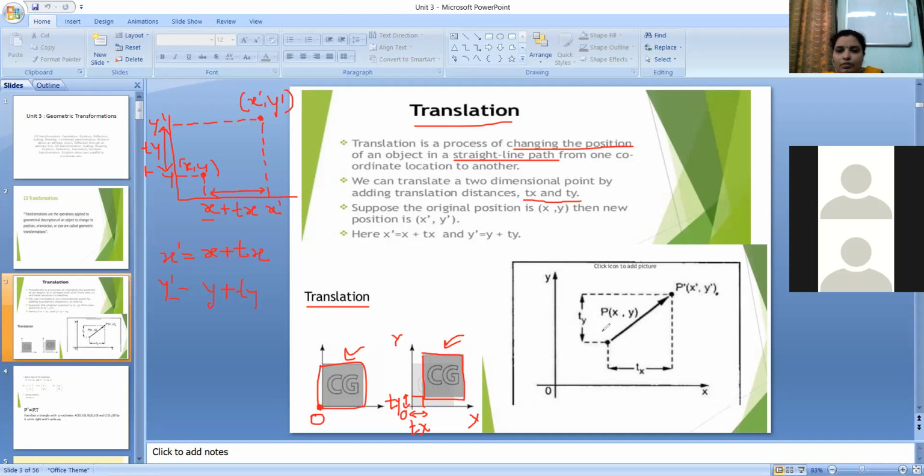Right. So shifting of the object from its original location to a new location, the shifting factor along the x-axis is called tx, and the shift factor along the y-axis is called ty. So this much part we have seen. Now, all the operations on a two-dimensional object are carried out by making use of matrices.